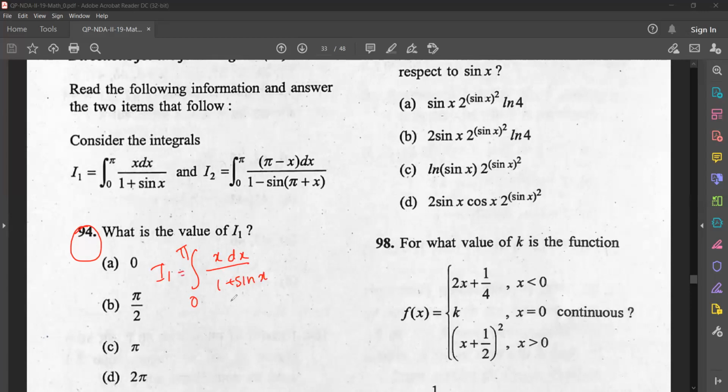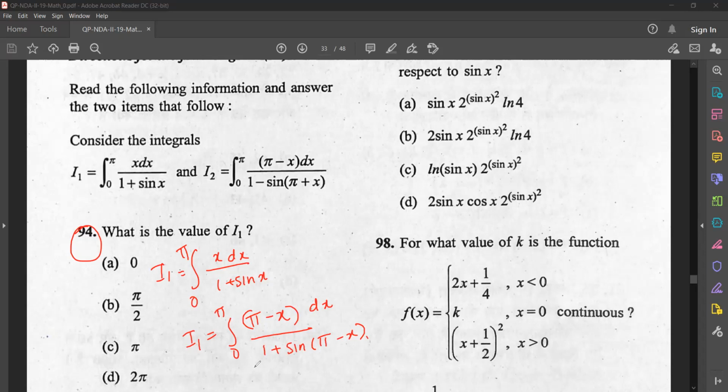Now, can I write this I1 as integral 0 to pi minus x dx by 1 plus sine pi minus x? Can I write like this? Yes, I can write, isn't it?